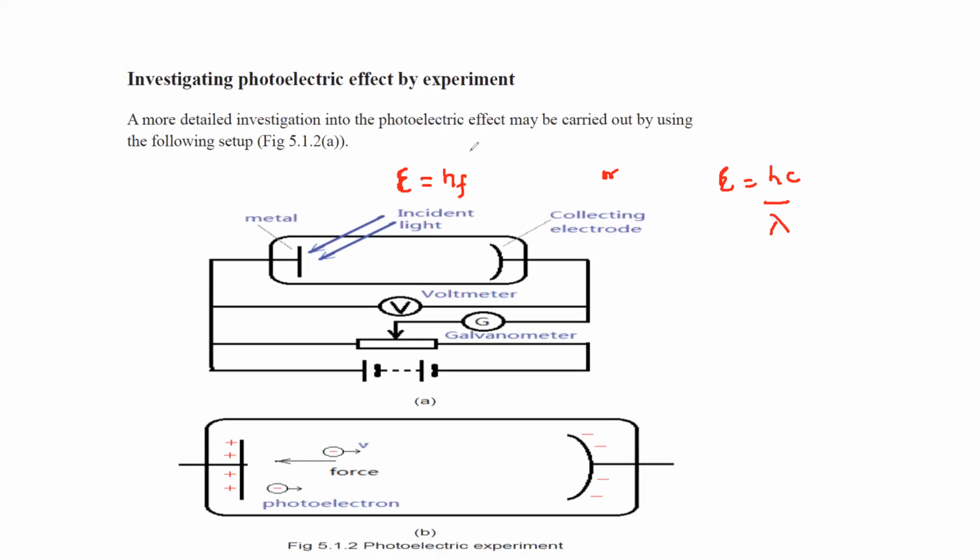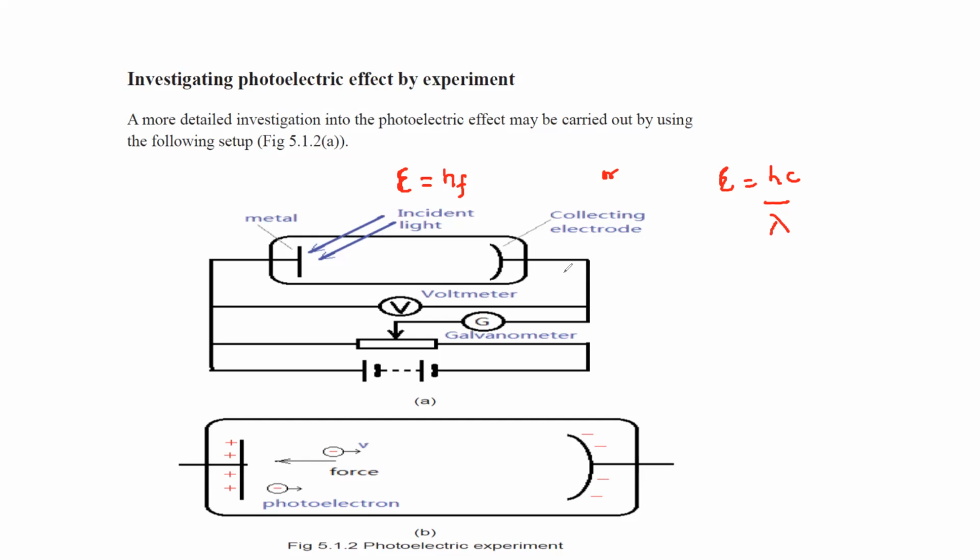Here E is the energy, h is the Planck constant, and f is the frequency of the wave. And here E is the energy, h is the Planck constant, c is the speed of the wave, which in case of light is 3 times 10 to the power 8, divided by lambda or wavelength. So we can use any of these formulas to get the energy of the wave.